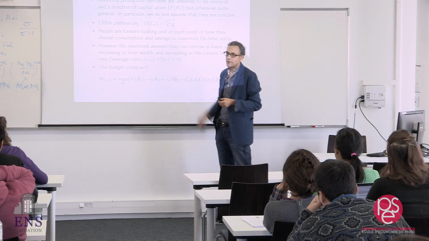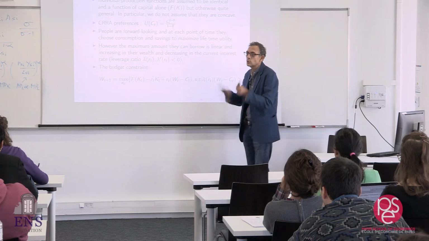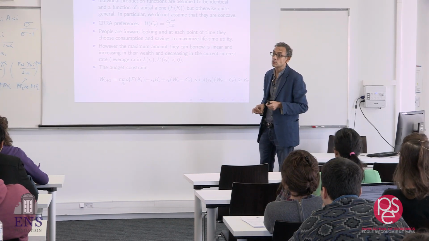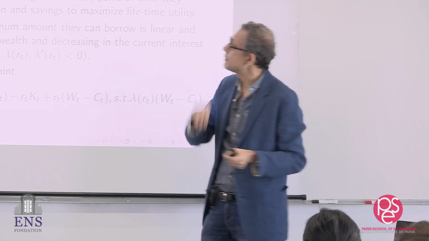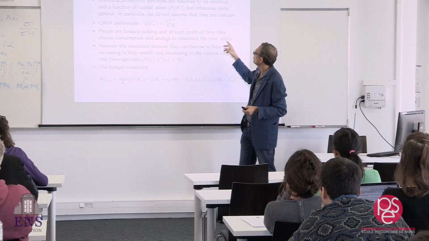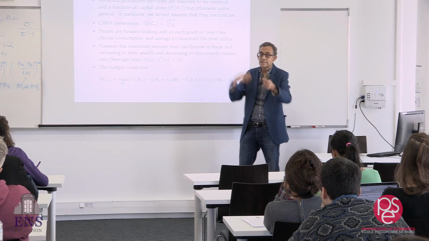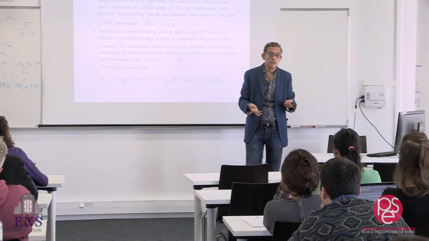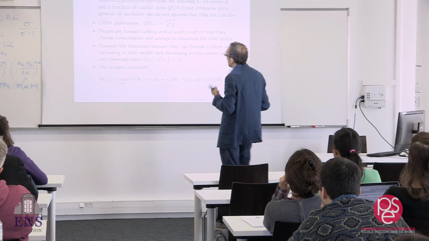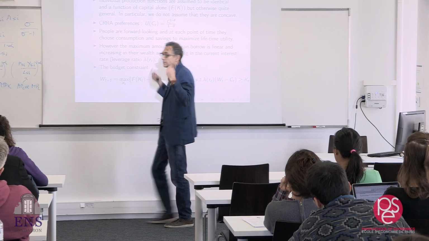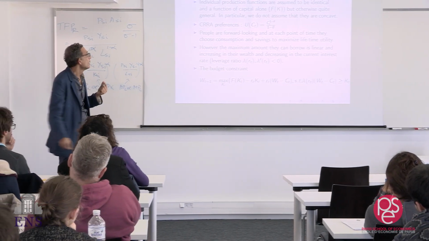People have CRRA preferences. Again, this is not very important. Almost everything you could do without CRRA preferences, but the formulas will look a little simpler. So these are the preferences. People are forward-looking. They have a discount factor delta, and so they discount the future. They maximize discounted utility. And finally, this is what I said, you have to model the distortion. I'm going to model one distortion here.